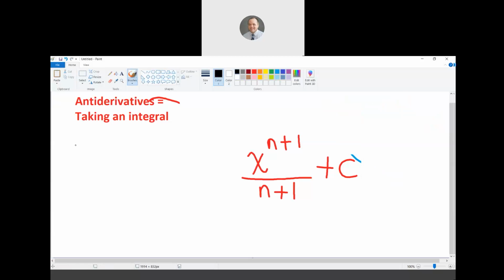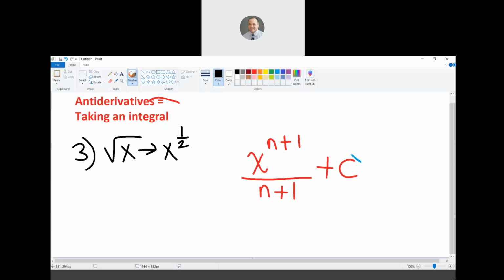All right, next example, we need to find the antiderivative of square root of x. First thing to do is rewrite our radical where it contains a rational exponent. So square root of x is the same thing as x to the 1/2 power. Now we can use our antiderivative formula.